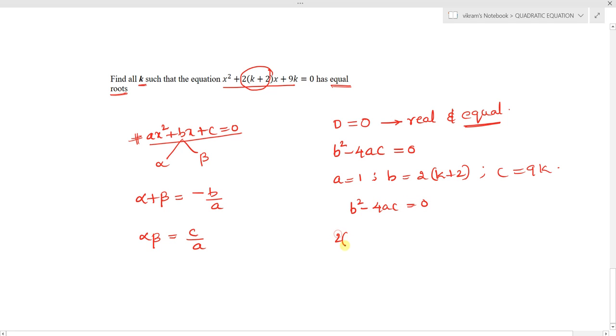Then 2 into k plus 2 whole square minus 4 into a, which is 1, and c, which is 9 times of k, equals 0.